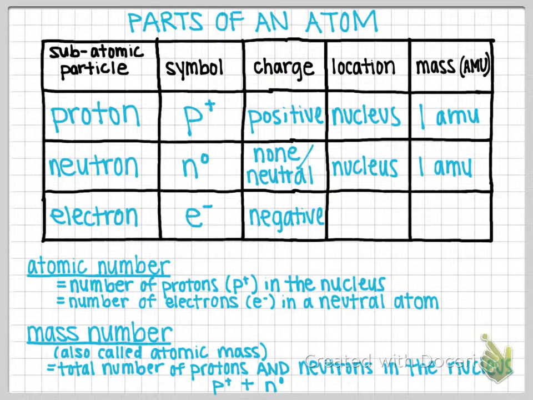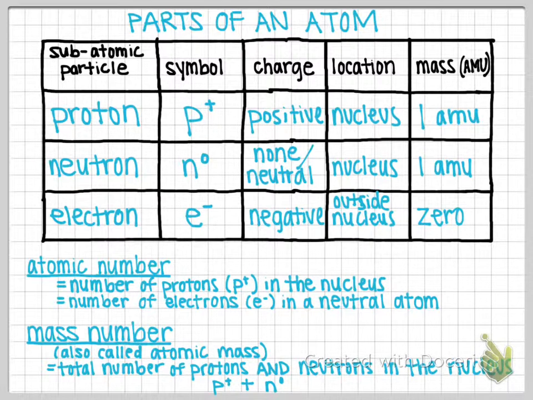And the electron is located outside the nucleus, in its orbitals or in the electron cloud. And its mass is so tiny that compared to the proton and neutron, it is practically 0. So when we are looking at the mass of atoms, the mass only is coming from the protons and neutrons. It's not coming from the electrons at all.